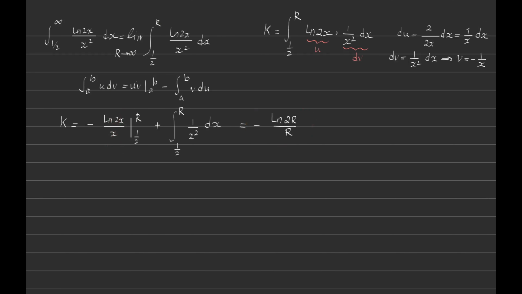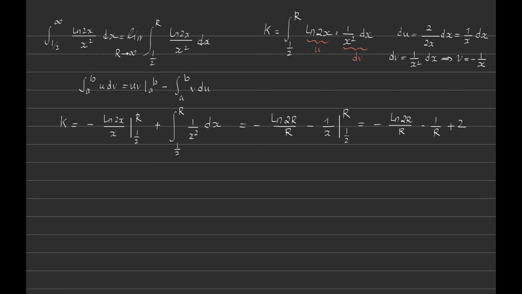And then of course the primitive function for 1 over x squared is minus 1 over x, which I have to run from 1 over 2 to r. So it becomes minus ln of 2r over r, minus 1 over r, plus 2.